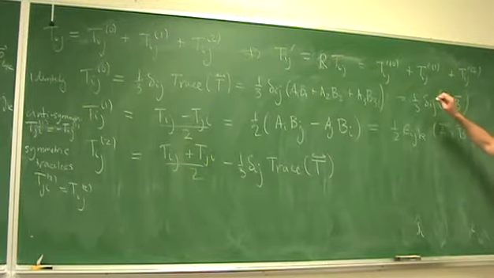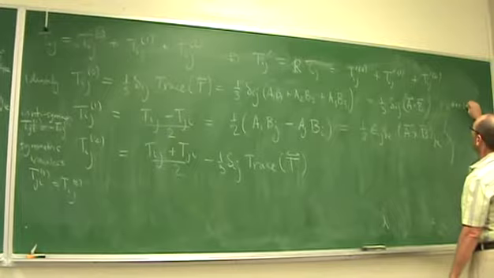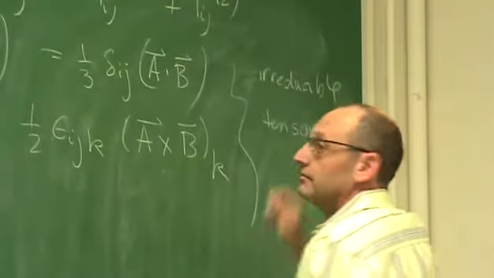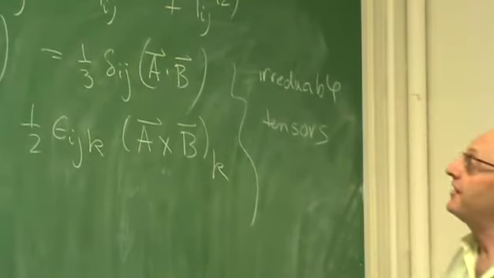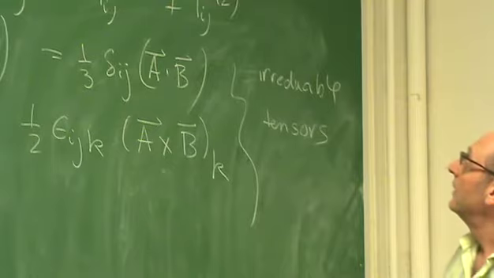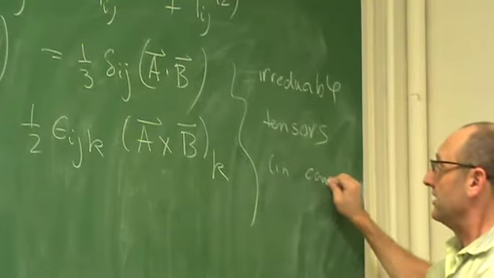So these pieces, the Tij's, are what are called irreducible tensors. In fact, they are irreducible tensors in Cartesian coordinates.